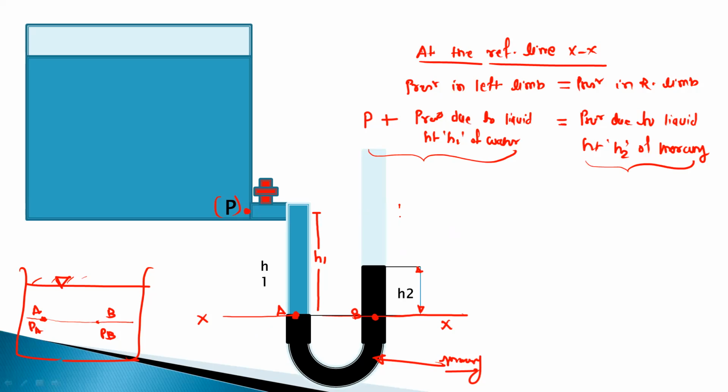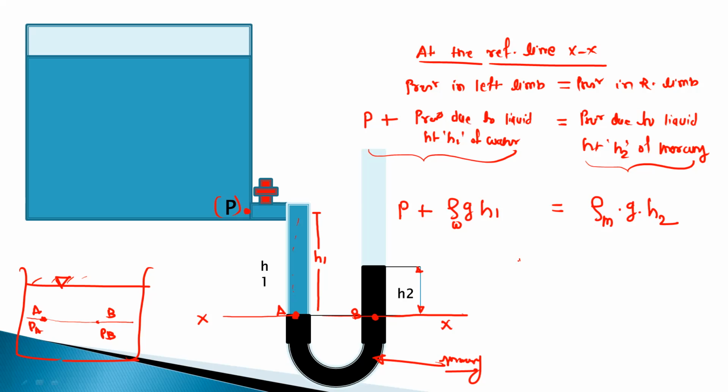So this is equal to P plus the pressure due to the liquid height H1, which is rho g H1. Right now rho is nothing but rho water, because on the left side we have water. This is equal to the pressure due to the liquid height H2 of the mercury, that is rho mercury times g times H2.